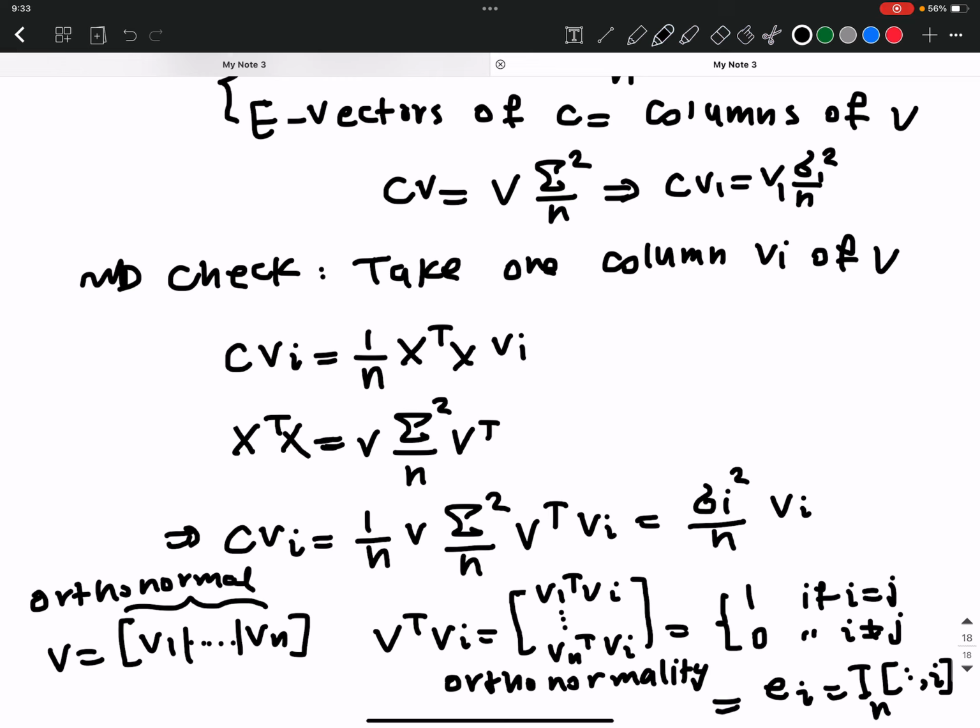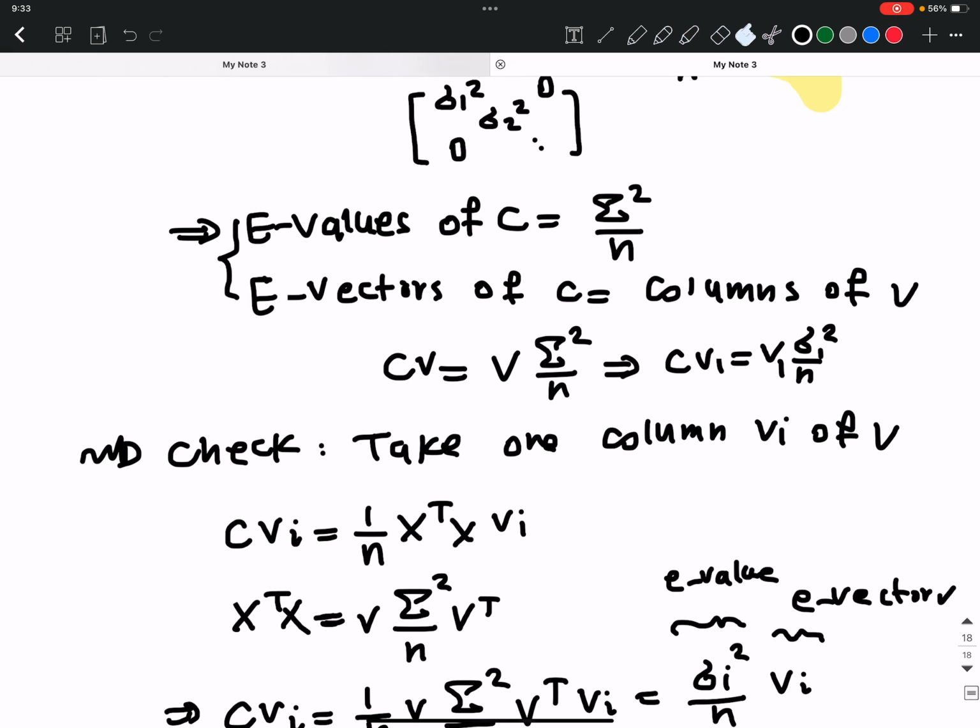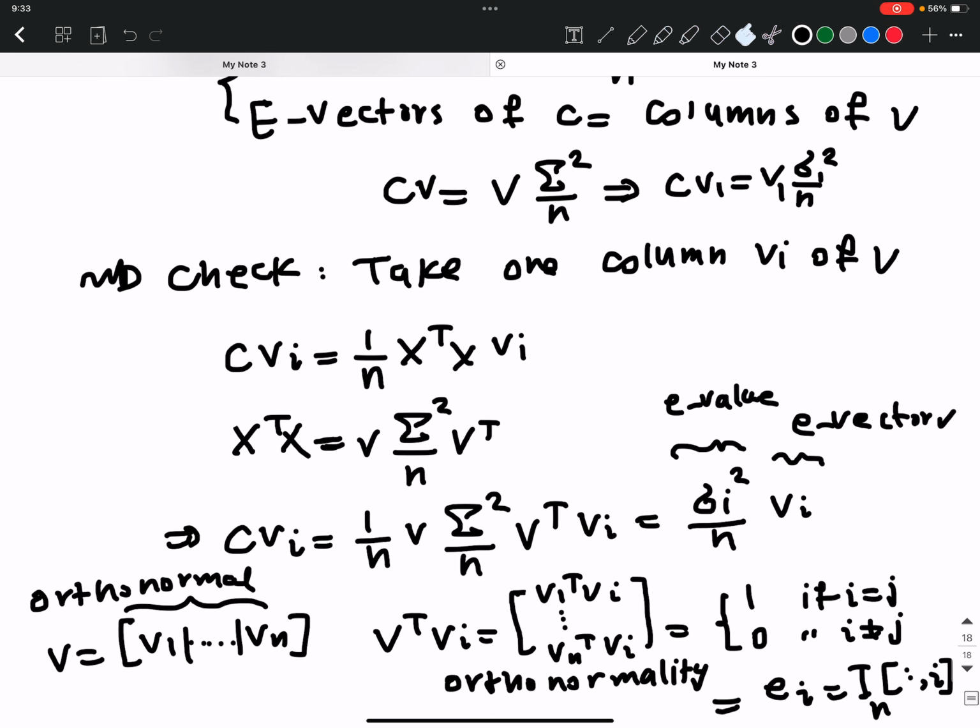So this gives me one eigenvector, and this would be the eigenvalue. So this proves what I was saying already. I already showed it before in another way, but this is a formal way of showing that.